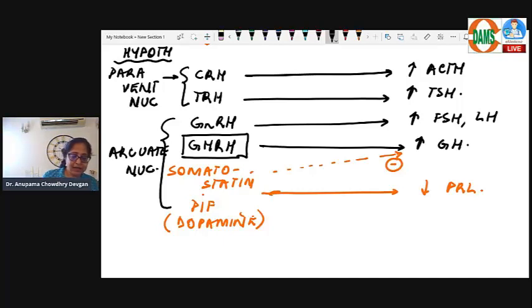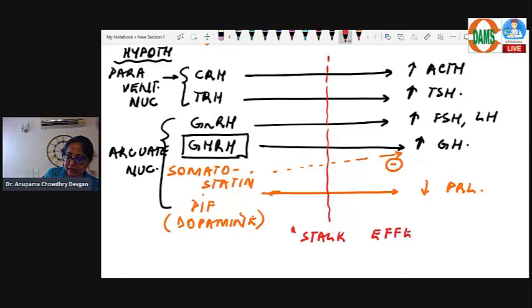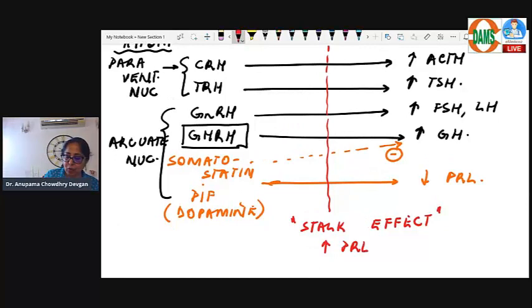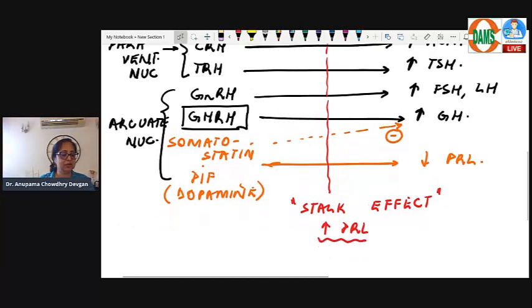Now, if there is an accidental transection of the pituitary stalk, what is known as the stalk effect? In stalk effect, there is going to be an increase in prolactin secretion.